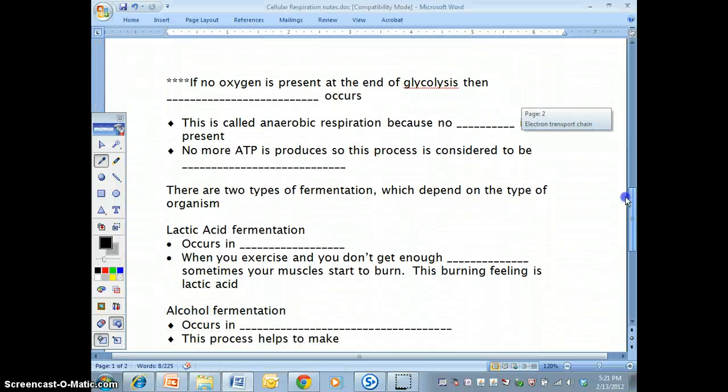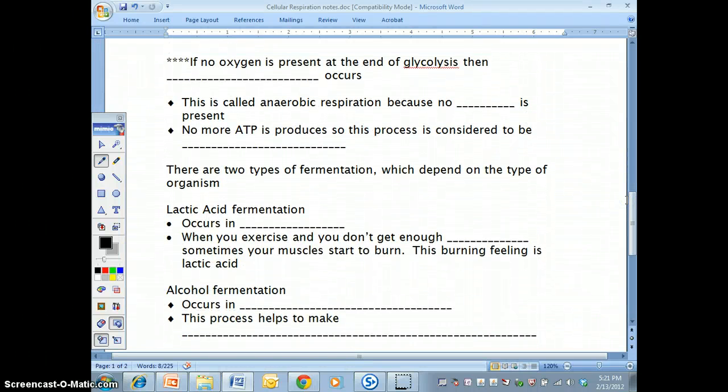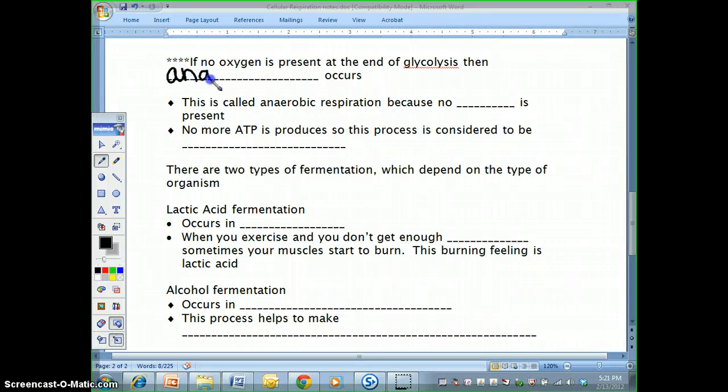If you just flip to the back of your worksheet really quickly, sometimes what if you don't have oxygen present? Then what happens is something called anaerobic respiration. Anaerobic means without oxygen. Sometimes when you're exercising, maybe you're not getting enough oxygen to your body, and anaerobic respiration can happen.